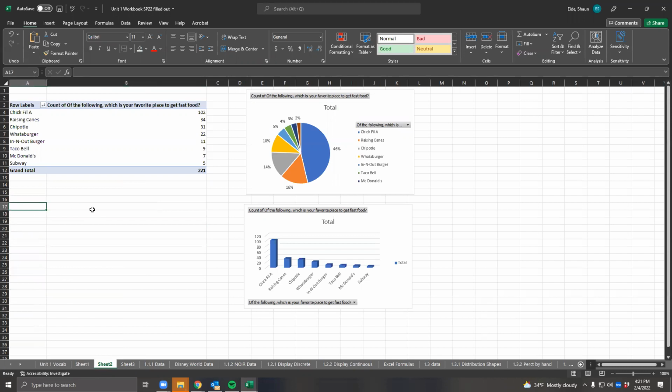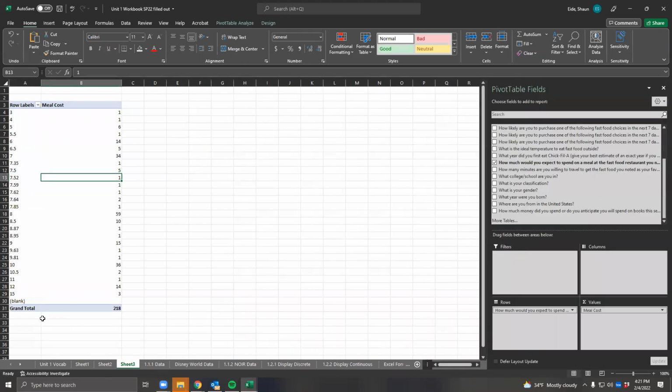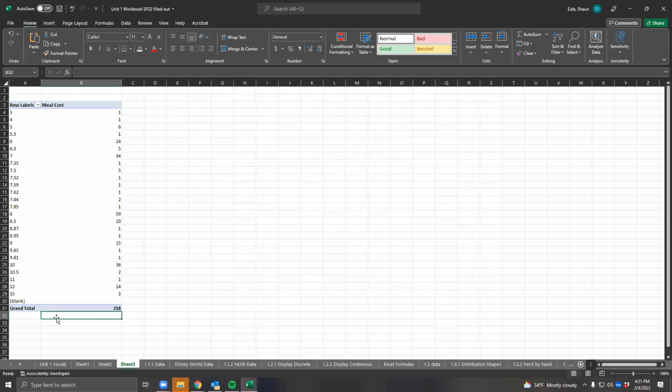Step one that you need to do is you need to determine the number of classes. So there's, yeah, 218 observations. Whoops, that would have been easy enough. 218 observations. And so in order to determine the number of classes, the very first thing that we need to do is 2 raised to the k is greater than n.